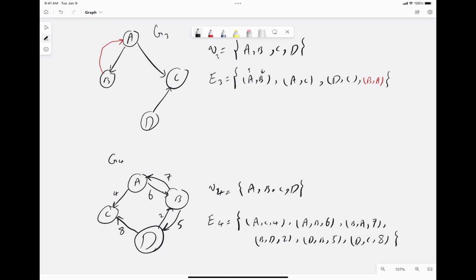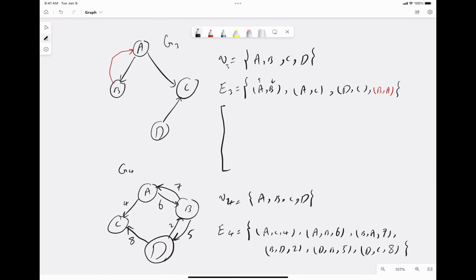We also can show the graphs G3 and G4 using the adjacency matrix. So for the graph G3, this is going to be the adjacency matrix. Again, we have only 4 vertices, A, B, C, and D, and here we have A, B, C, and D. There is an edge from A to B and C, so 1 for B and 1 for C, and 0 for node D. From B to A there is also 1, so I'm going to use this red marker here, and that's the only 1, and everything else is going to be 0.